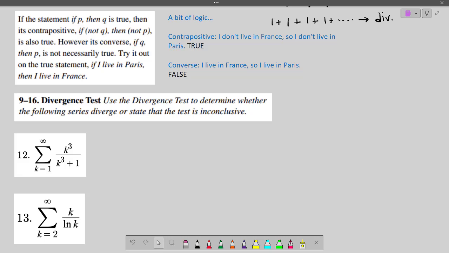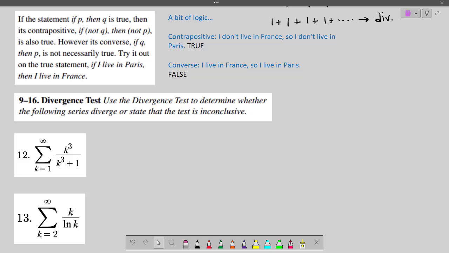So the limit is the ratio of the leading coefficients. Or you could divide everything by k cubed and see that you would have 1, 1, and 1 over k cubed. And so the 1 over k cubed would go to 0, and the overall limit would be 1. However you see it. So if that limit is 1, what can we conclude instantly? It has to diverge. The only way we have a candidate for convergence is if this limit is 0. If this limit's not 0, instantly you know that it diverges.